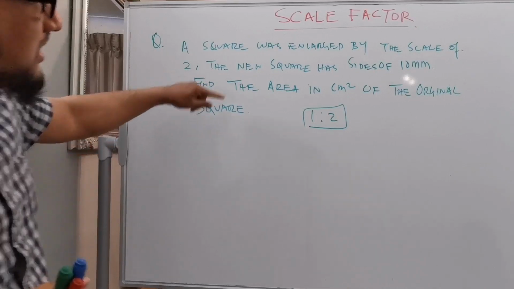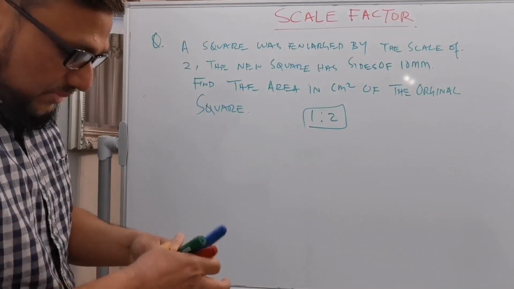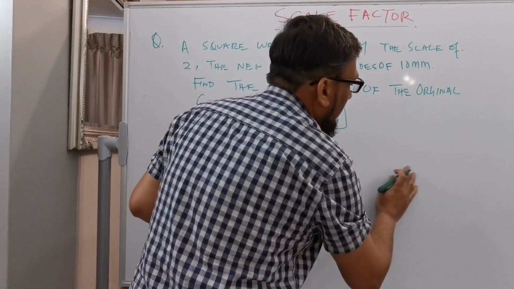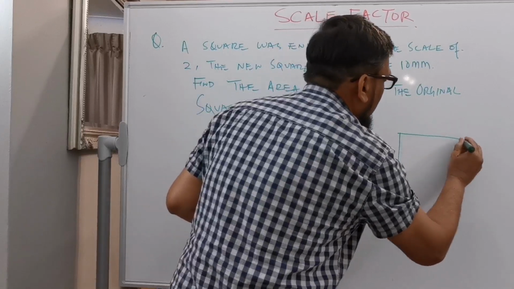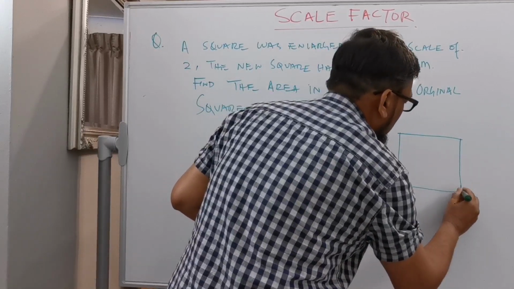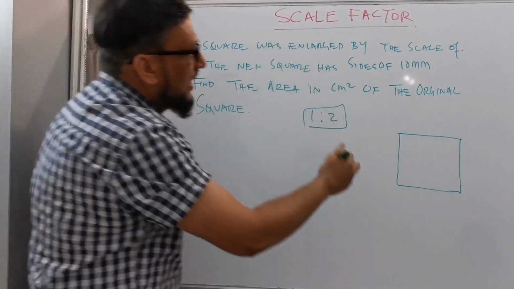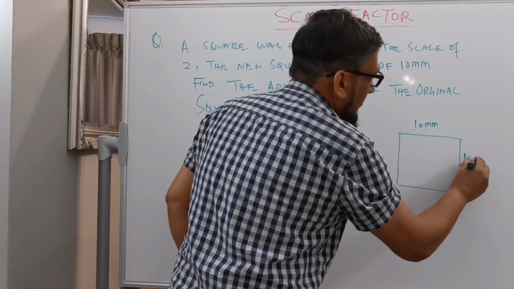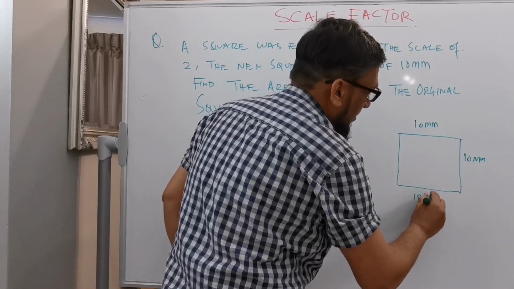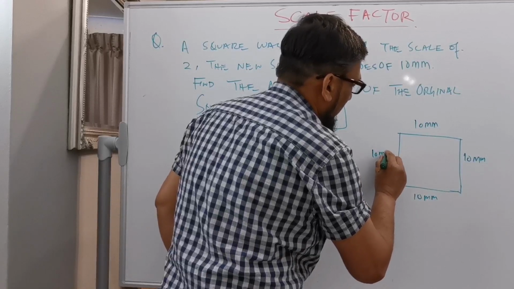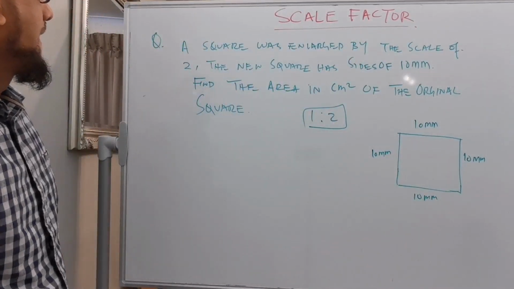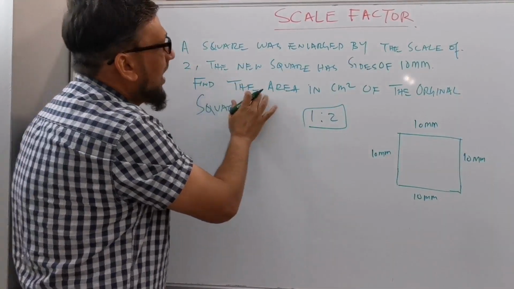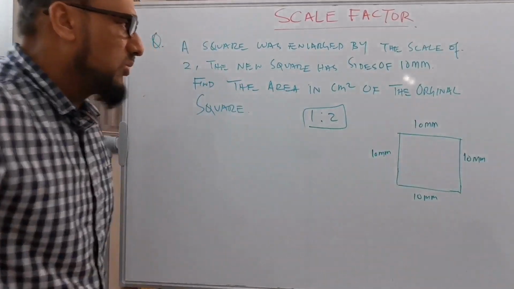So this is the new square, and each side is 10 millimeter.